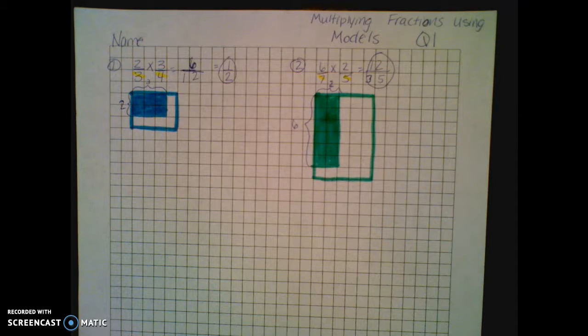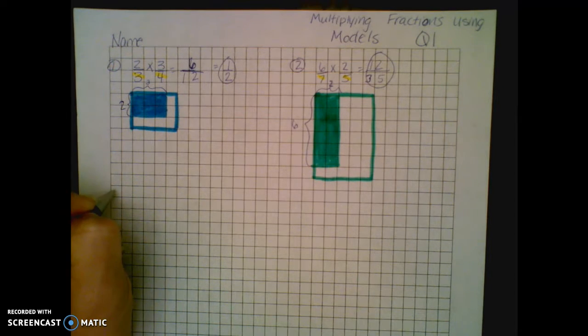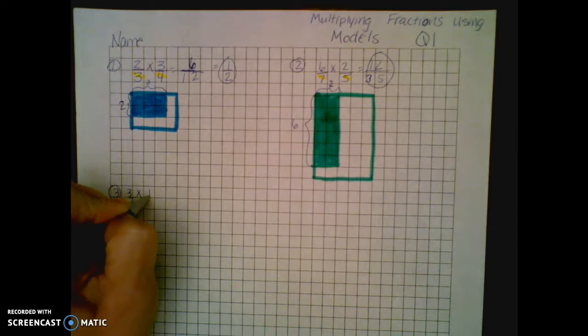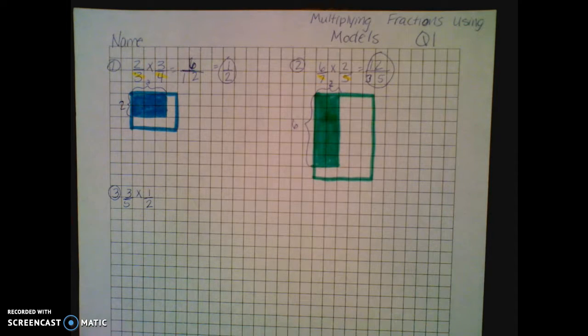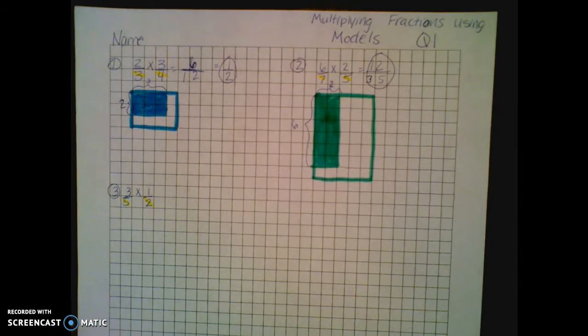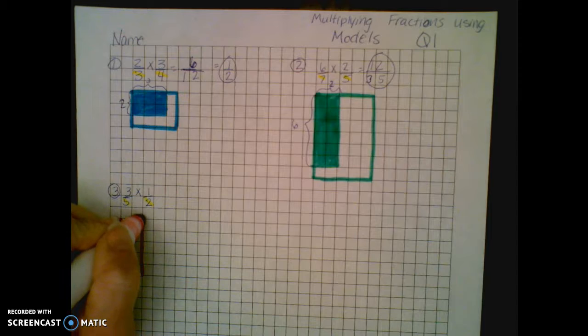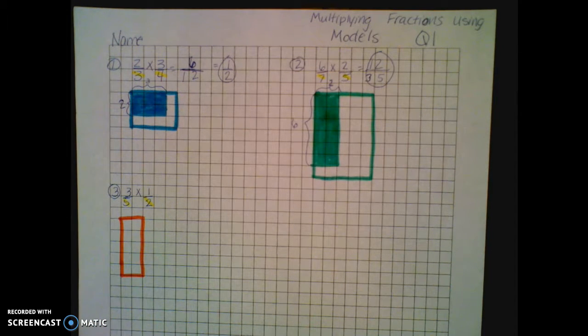Let's look at number 3. Number 3 is 3/5 times 1/2. I need to start by making my rectangle. Again, the denominators tell me the dimensions of my rectangle because I need fifths and halves. So my rectangle is going to be a 5 by 2. It's just a little rectangle.